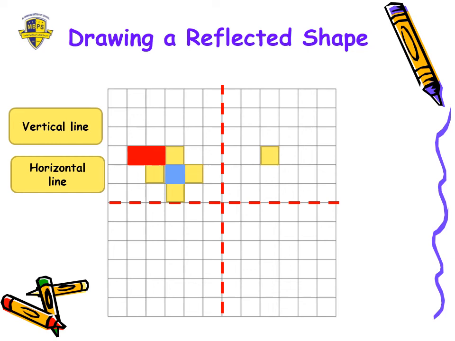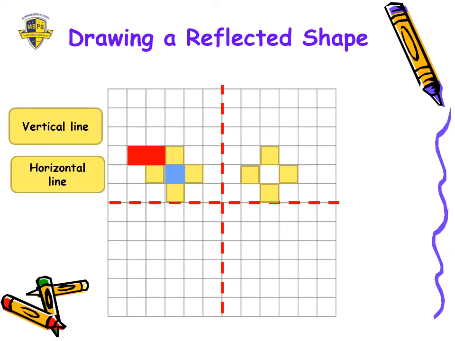Then this one is 3 squares to the left, so from the right side 3 squares to the right. And this one, 1 square is the distance between this square and the mirror line. The last one is this one, 2 squares the distance.